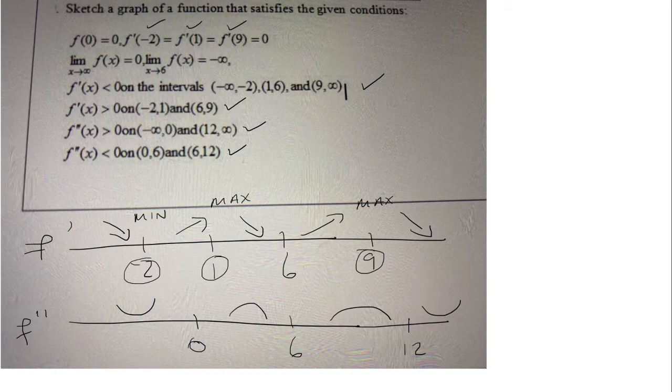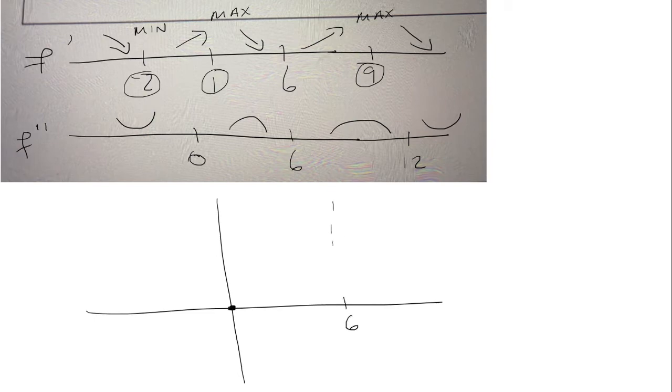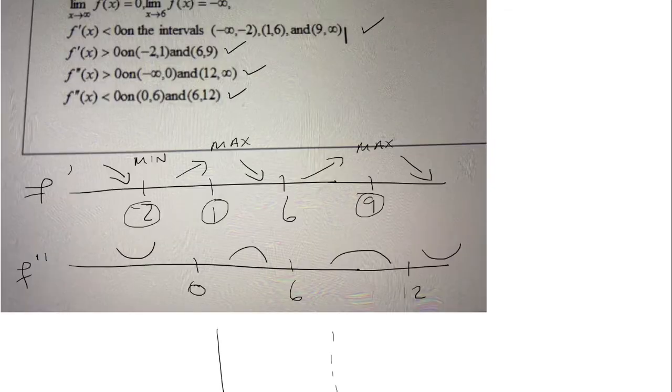Okay. So the nice thing is I pretty much could use my table here with a few of the other conditions. So we said f of 0 is 0. That was one of the conditions. And we said that 6 is an asymptote because it goes to negative infinity. And let me see what else we need that's not in this table. We need the limits.